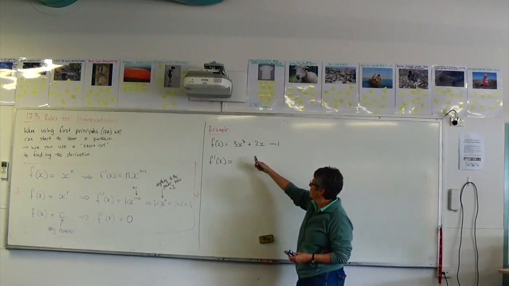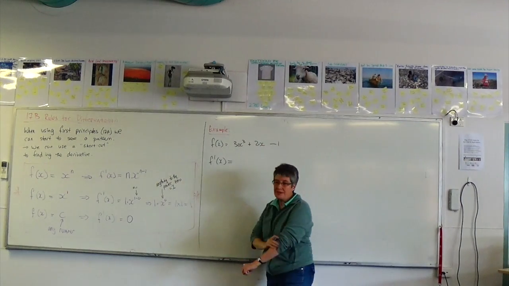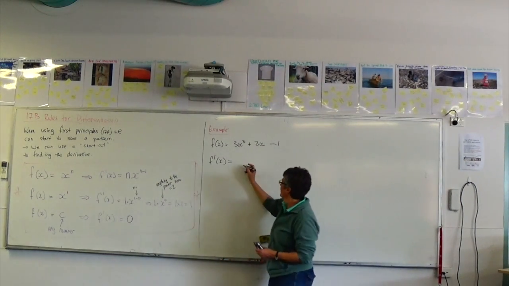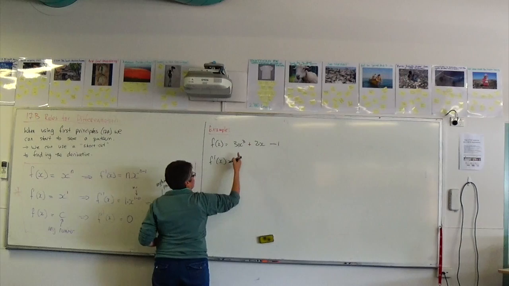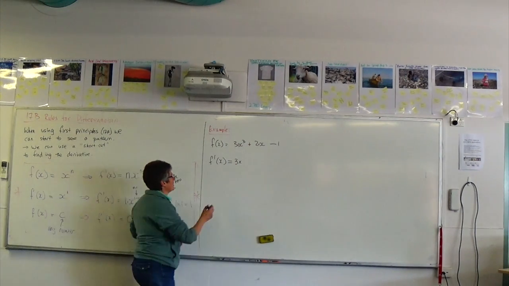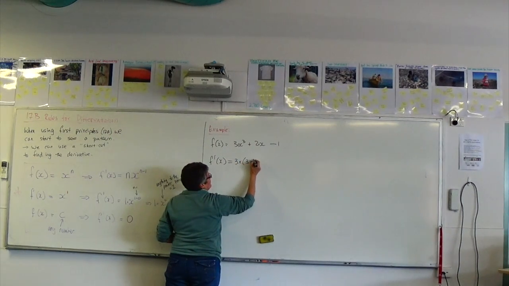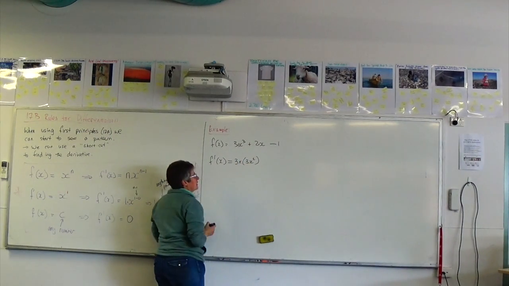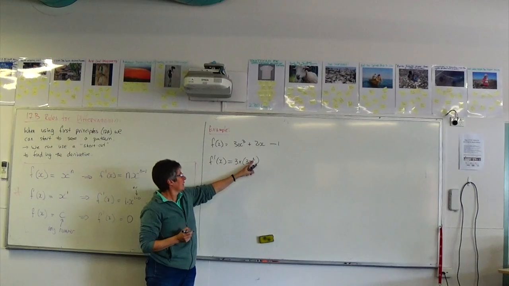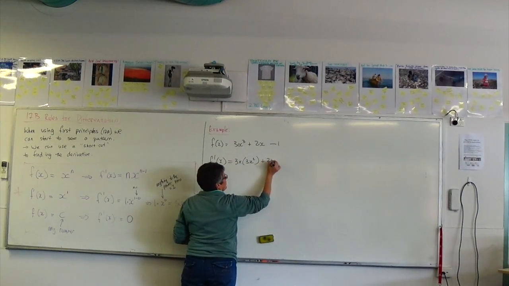Okay, so this is like a times in there and a times in there, isn't it? So that's 3 times. Now we differentiate just the x term. So that's going to be what? 3x to the power 2. The 3 goes down there. We take 1 away from it, that goes there. Plus 2 times, now what's the differentiation of x?